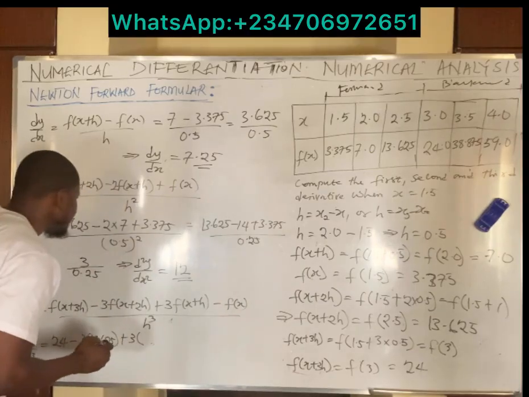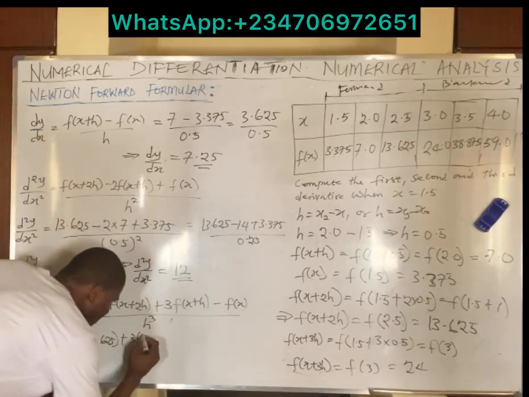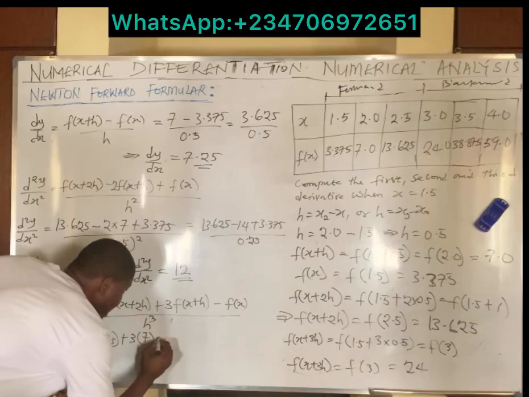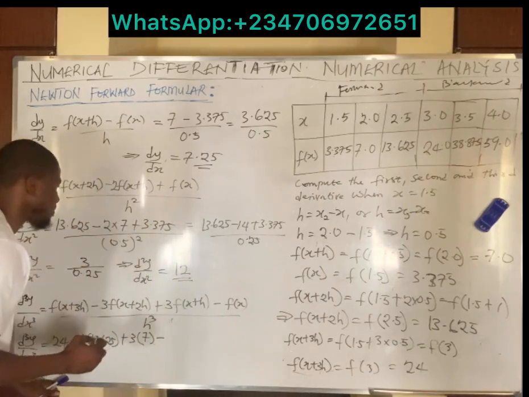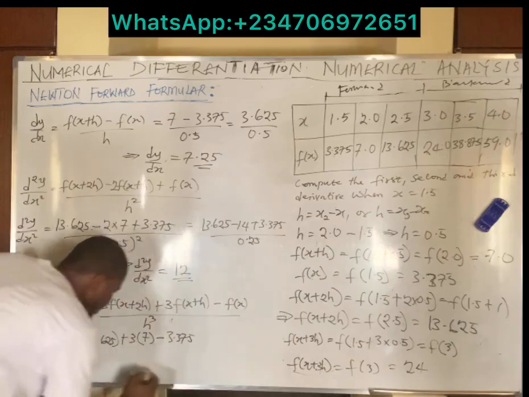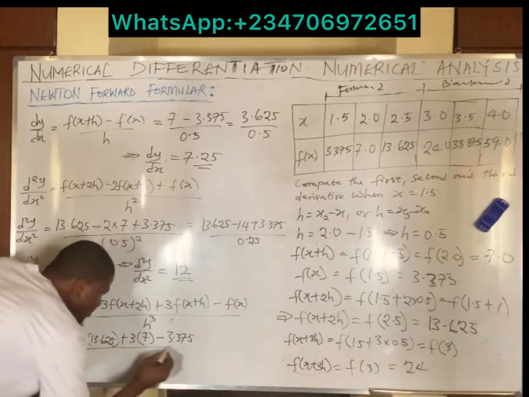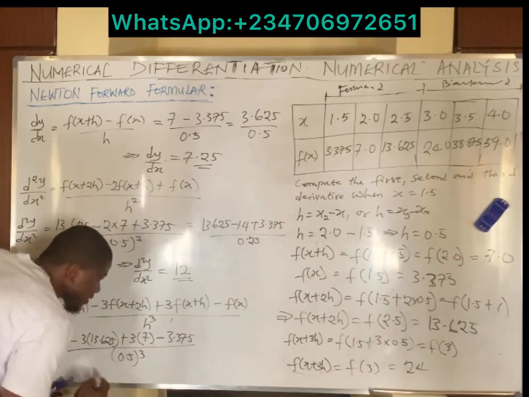F of x plus h itself gives us 7. So 3 times 7, minus f of x, and f of x gives us 3.375, minus 3.375, divided by 0.5 to the power of 3.